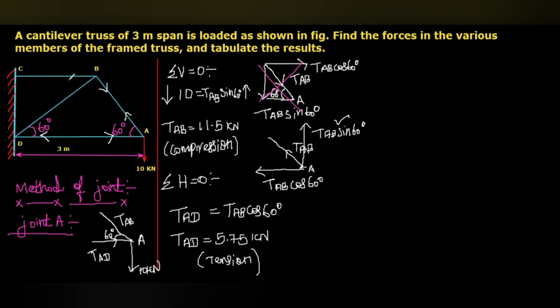Then these two we are going to calculate. Next, the forces in the members with respect to the joint B that we are going to analyze. Now there are two unknowns. To calculate the two unknowns, I am going to consider the joint B.